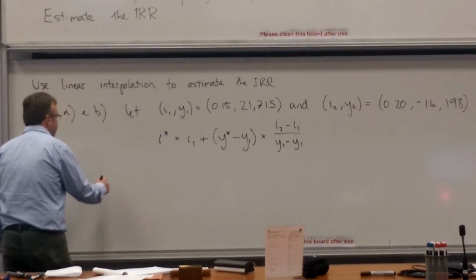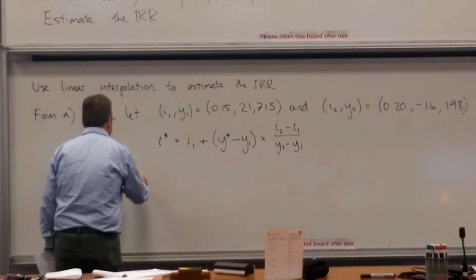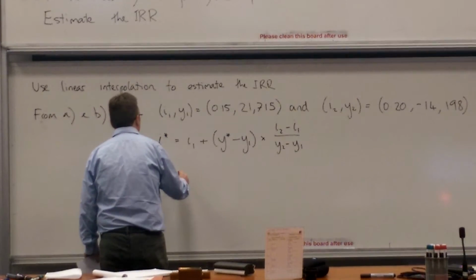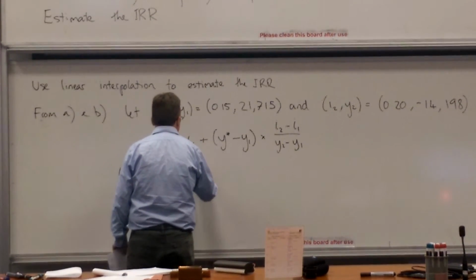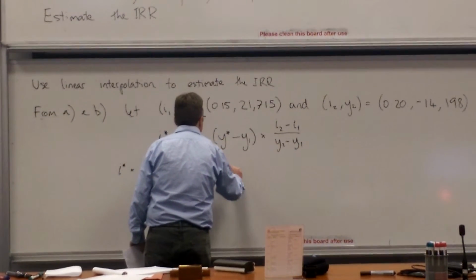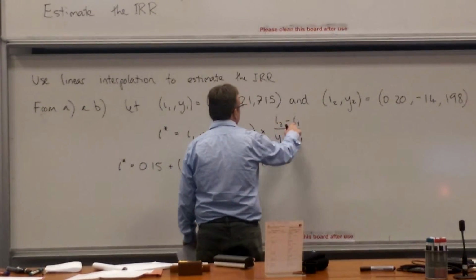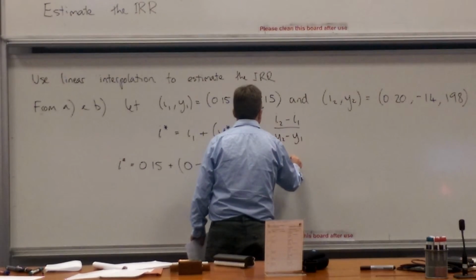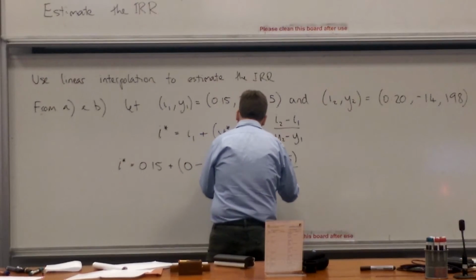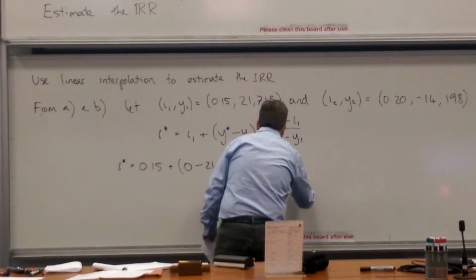So in particular, our internal rate of return, or in this case we've called it i star, is going to be equal to 0.15 plus 0 minus y1, which was 21,715, multiplied by i2 minus i1, which is 5%, divided by y2 minus y1, which is minus 35,913.